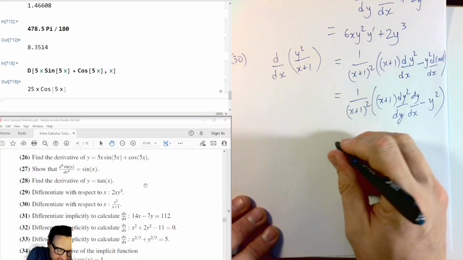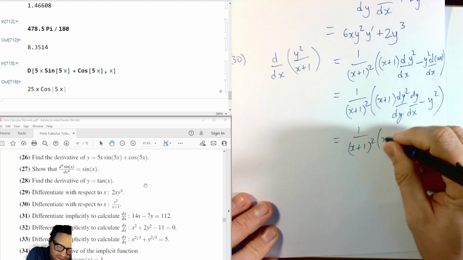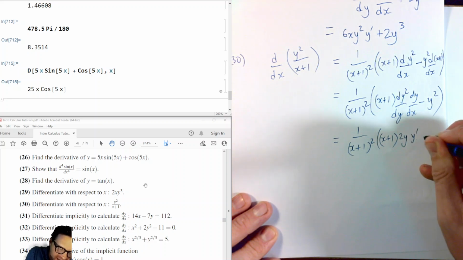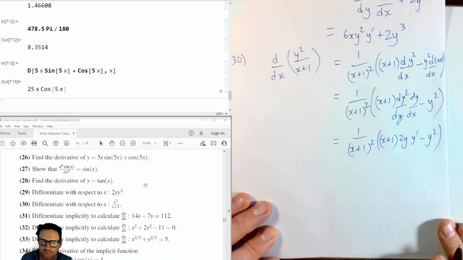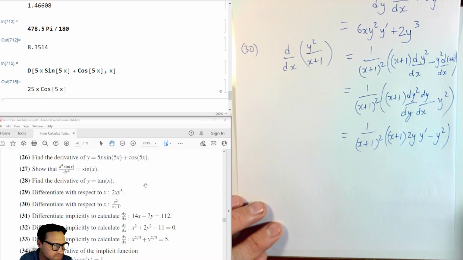Okay, so one more line. 1 on x plus 1 squared, x plus 1, 2y, y dash minus y squared. And we're done with that question. Okay, question 31.